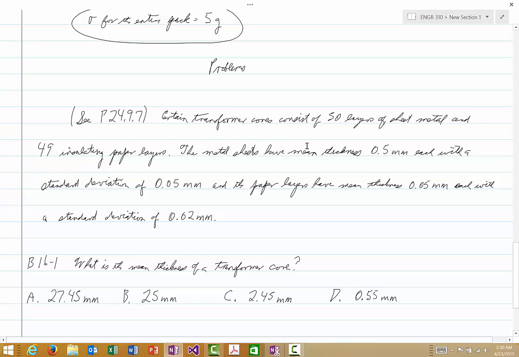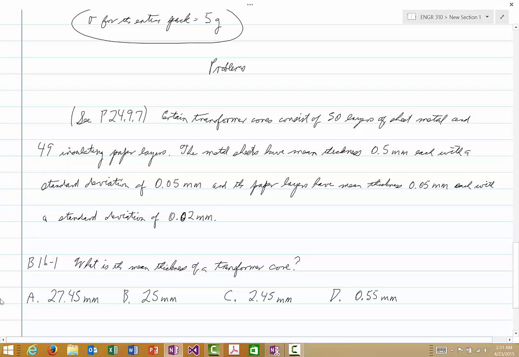The metal sheets have mean thickness of 0.55 millimeters each, with a standard deviation of 0.05 millimeters, and the paper layers have mean thickness 0.05 millimeters each, with a standard deviation of 0.02 millimeters. And let me emphasize that's not a 6.2 there, that's 0.02.